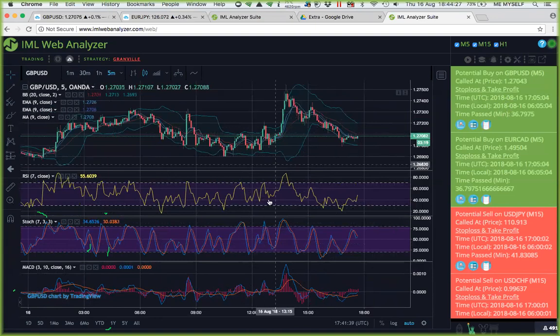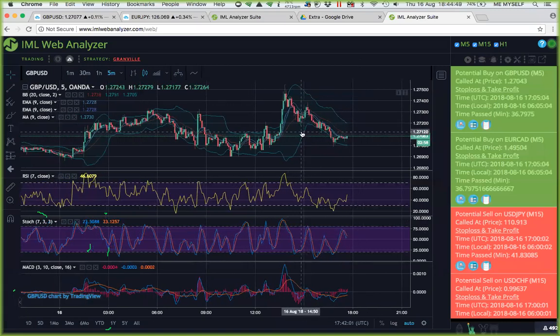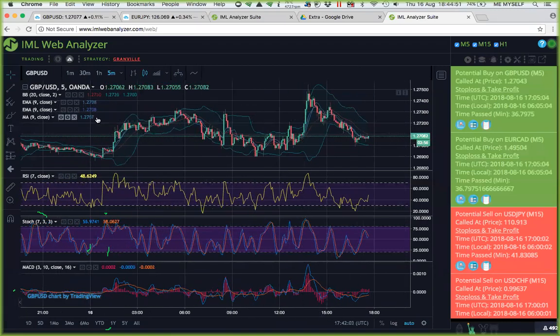When I say cycles, I mean that when the stochastic cycles here, that's a cycle high, and then it cycles here, it gives me a cycle low, then it pushes up a little bit, gives me a cycle high, then it pushes down, gives me a cycle low, that sort of thing. That's how I use it for cycles. I use Bollinger Bands as well, and I'll show you as we go along. And then we've got some moving average lines here.